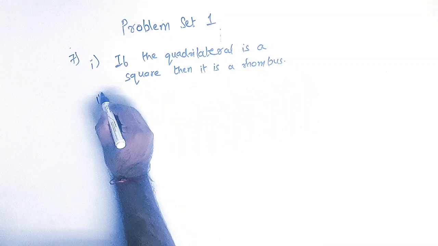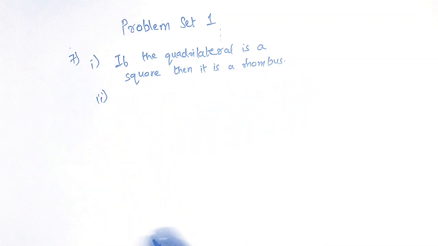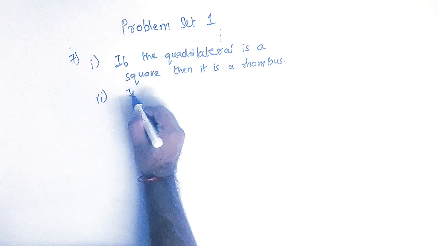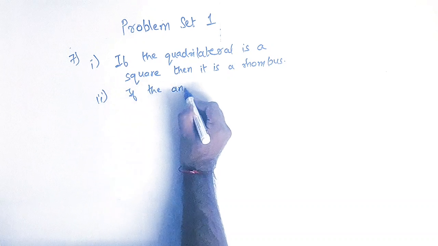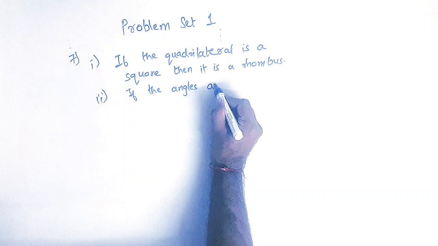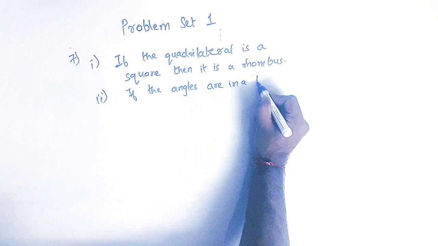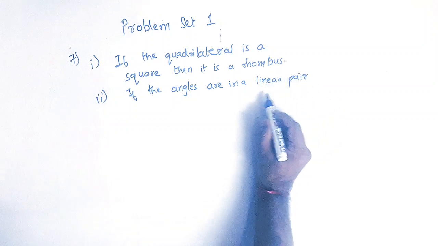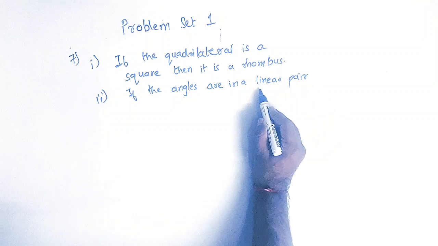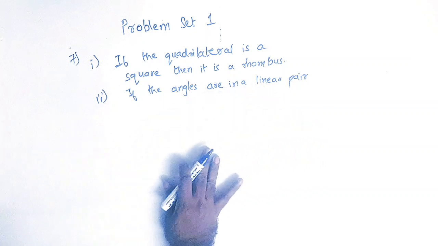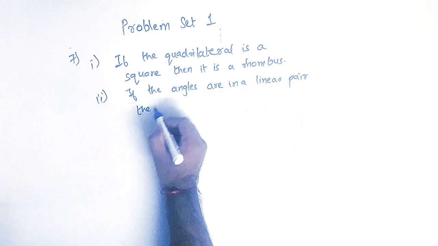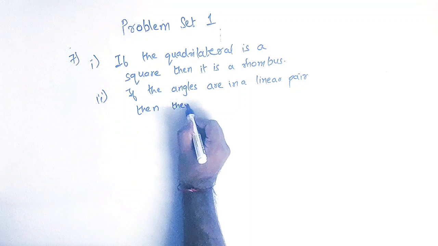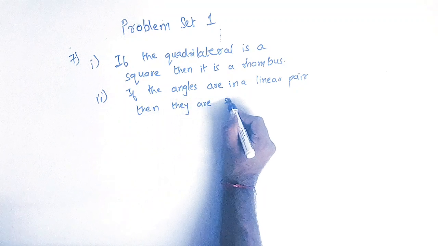Okay, let us move on to second one. Angles in a linear pair are supplementary. So if the angles are in a linear pair, comes from the word line, means if the angles are forming a line, then they are supplementary.